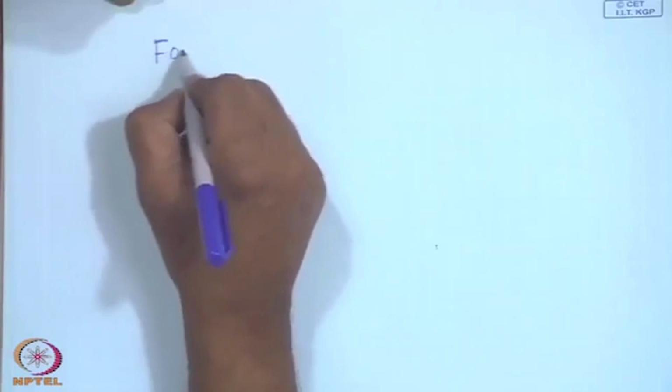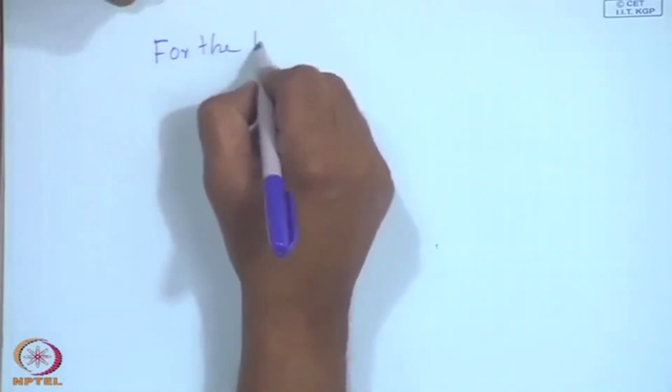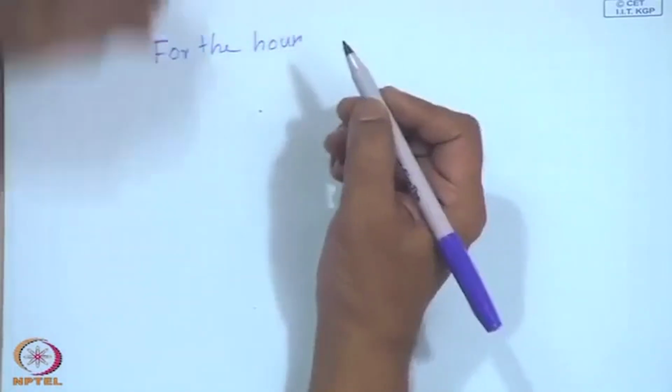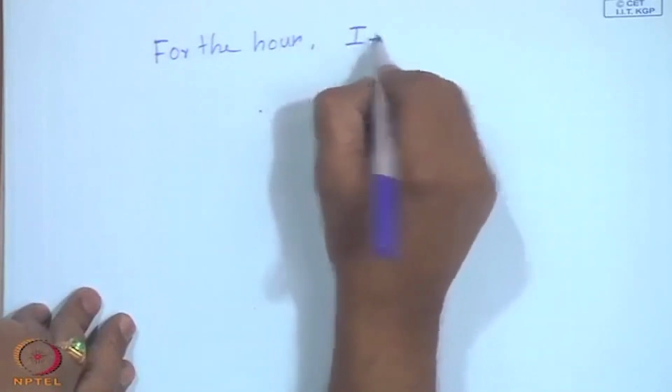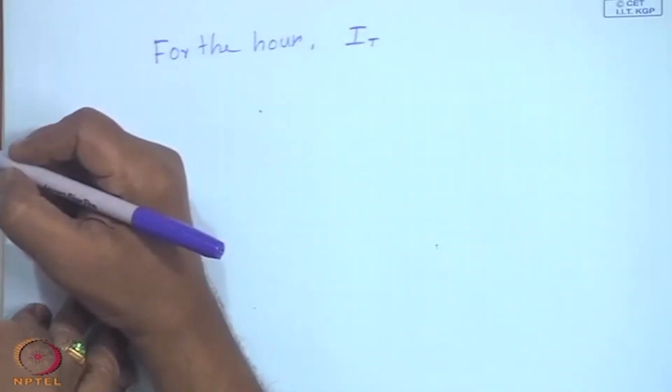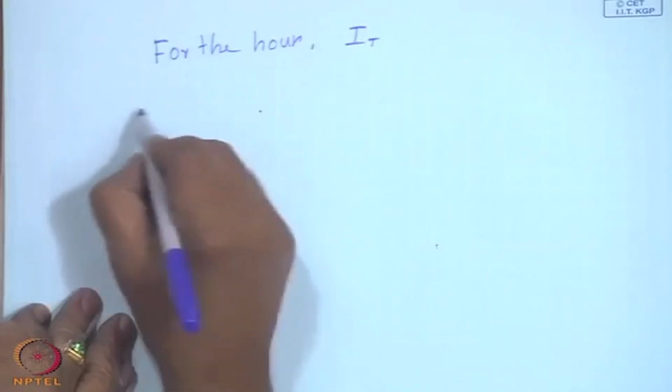Now, I shall make an approximation for the hour, the corresponding value will be IT, right, instead of GT it will be IT.